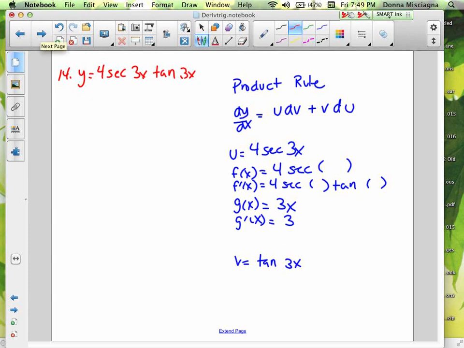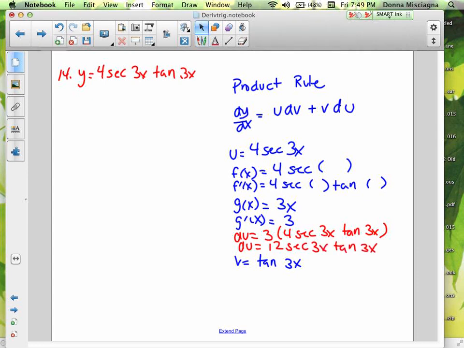So the derivative of u, the 4 secant 3x, is going to be, we're going to multiply the 4 secant blop tangent blop, or 4 secant 3x tangent 3x, times the 3. So we've got 3 times 4 secant 3x tangent 3x, which makes this 12 secant 3x tangent 3x.